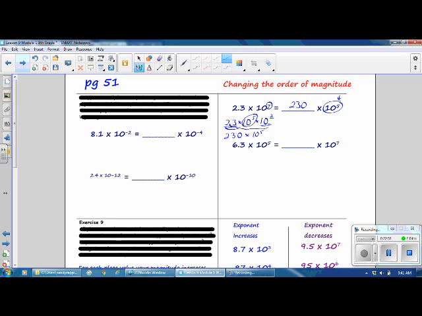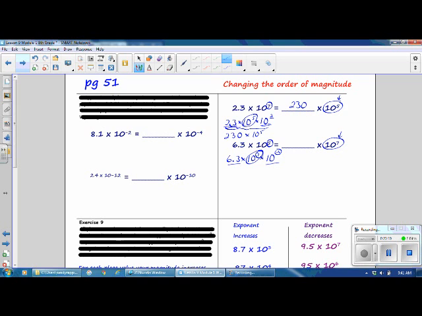In our next example, we want to change our order of magnitude to 10 to the 7th. So we rewrite 6.3 times 10 to the 7th times 10 to the blank. We want to preserve 10 to the 7th, so it does need to be included there. Understand that these two exponents need to add up to 5, and that would make this exponent negative 2. Then multiply 6.3 times 10 to the negative 2.